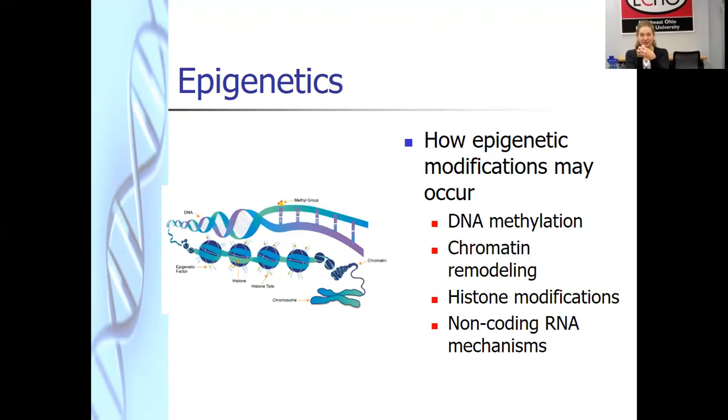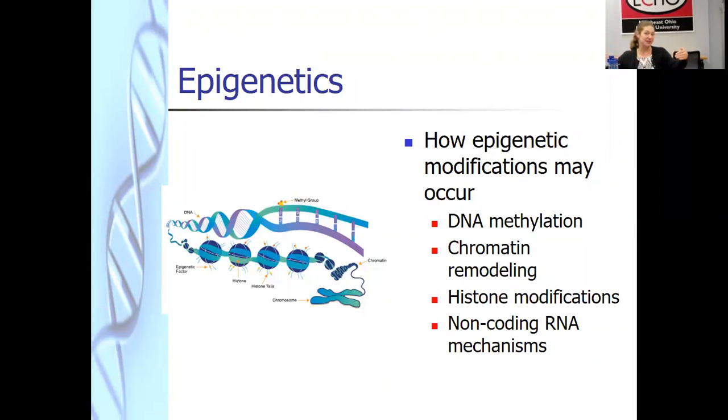Now, if the histone is of a different size, it may make it more or less likely that it could be accessed by those other proteins to be turned on or turned off. With chromatin remodeling, all of those histones that are linked together, if they're compressed, which they are most of the time when they're in storage, we can't access those genes.